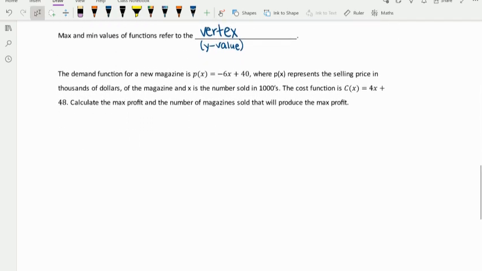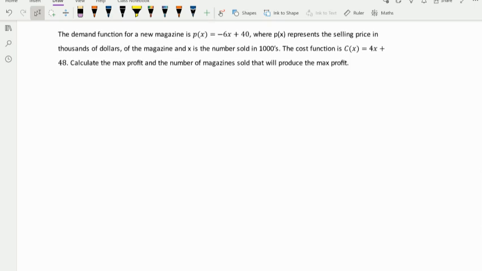So here's our last word problem. The demand for a new magazine is p of x equals -6x plus 40, where p of x represents the selling price in thousands of dollars of the magazine, and x is the number sold in thousands. So 1,000 magazines sold.